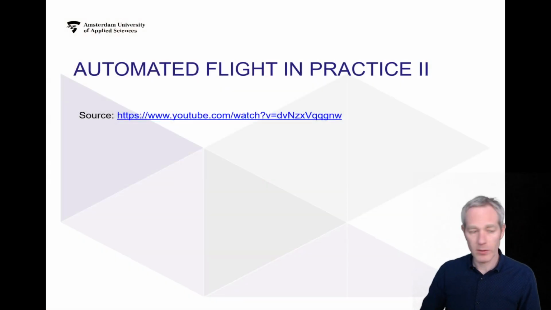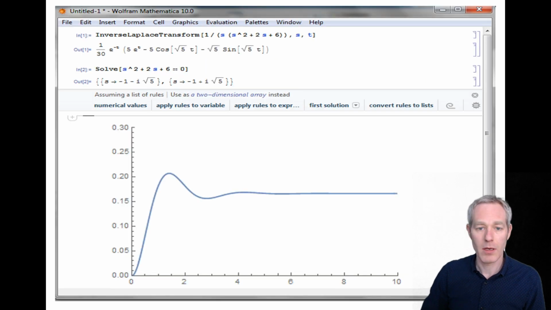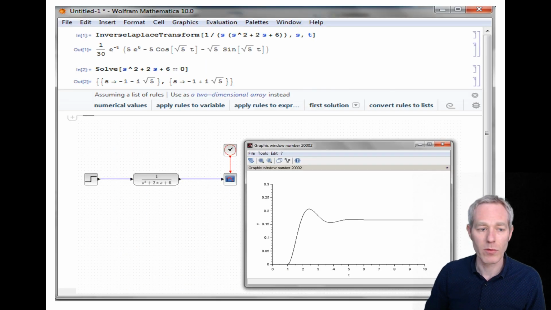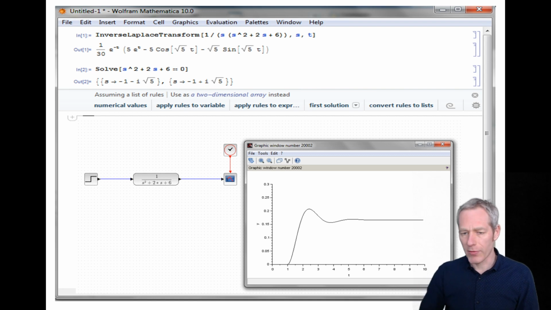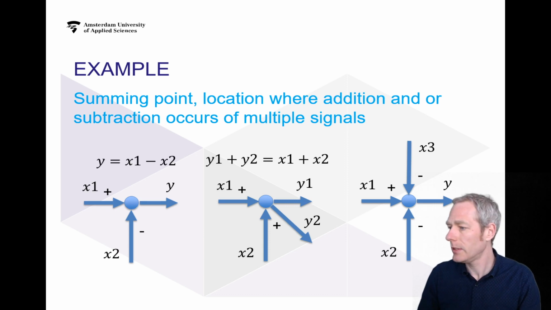I will skip through a number of slides here to this point where we've seen this slide before. This is the impulse response of a second order system.